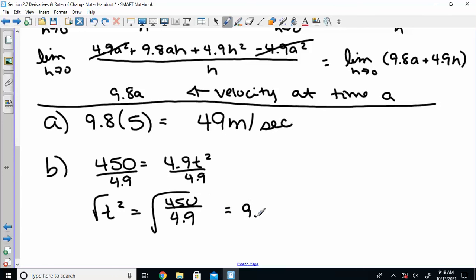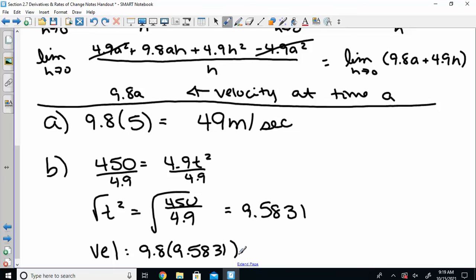And so we get 9.5831. So then to find the velocity, all you need to do is plug that into your formula. So our velocity would be 9.8 times the 9.5831.